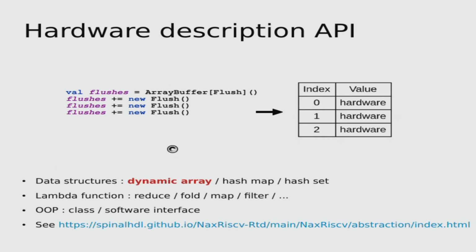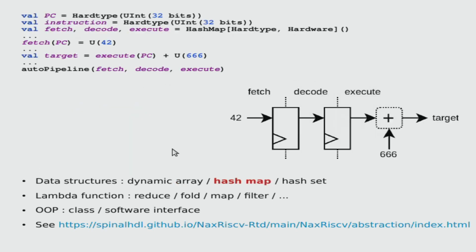Then you can go to more evolved things, like hashmaps. Hashmaps can be really useful to elaborate your hardware. Here's an example also applied to CPU design. In a CPU design, you have multiple stages, like fetch, decode, execute. You can model the stage as a hashmap between some hardware data type, like program counter, as a hardware data type of UInt 32 bits.